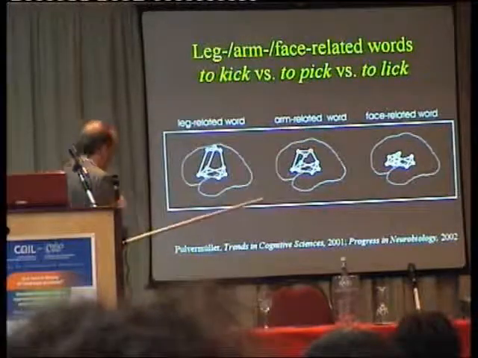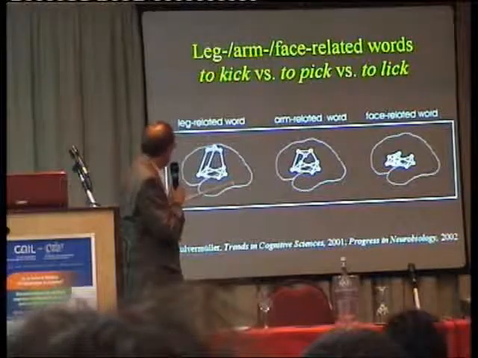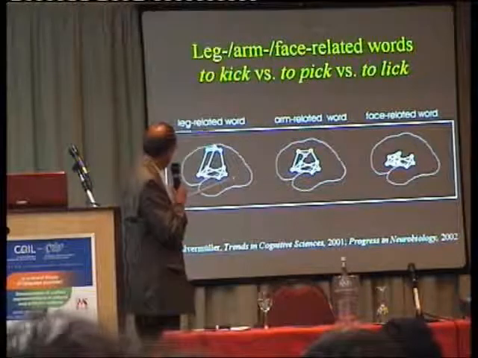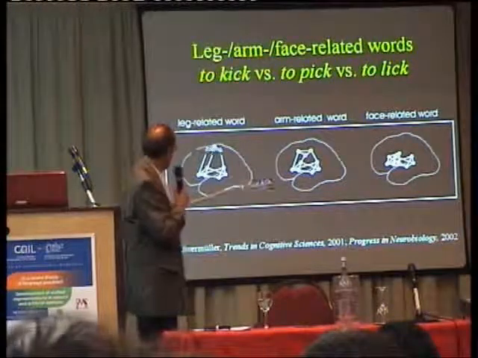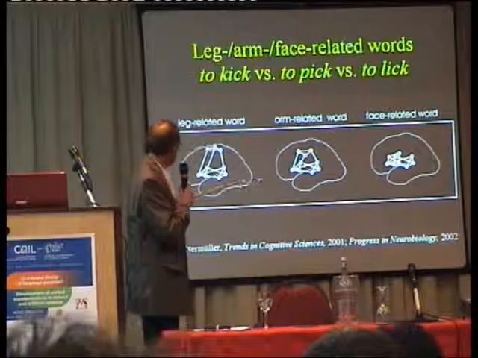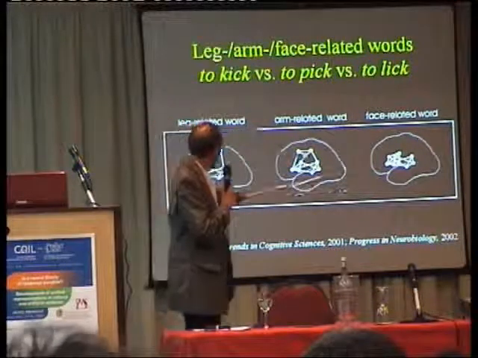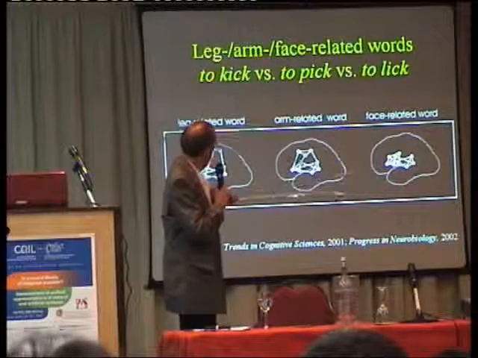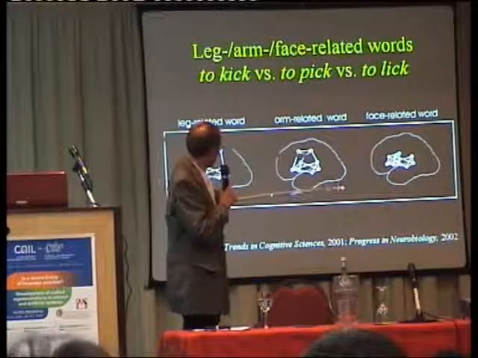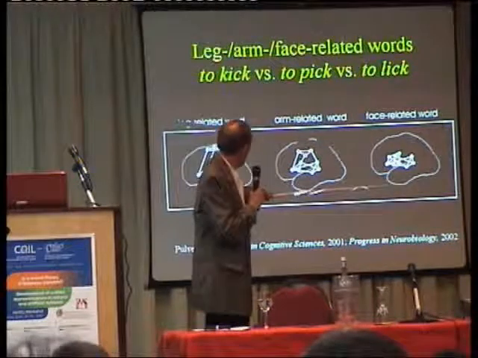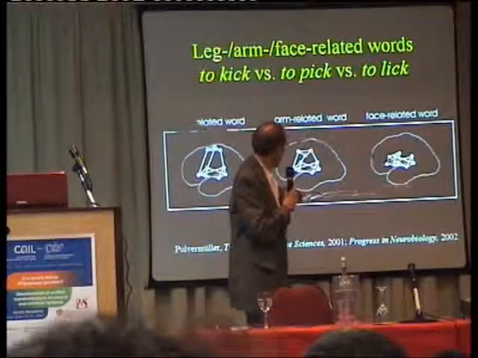A leg word might have its semantic part close to the leg areas of the motor map in motor and premotor cortex, and an arm word would have these semantic neurons in dorsolateral cortex and in inferior frontal cortex.